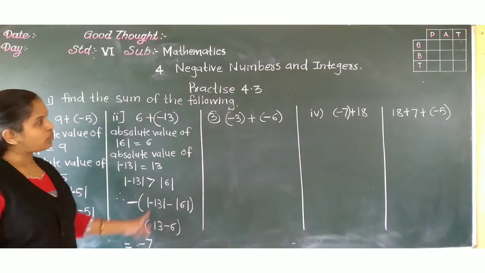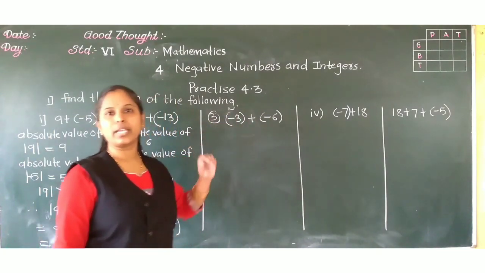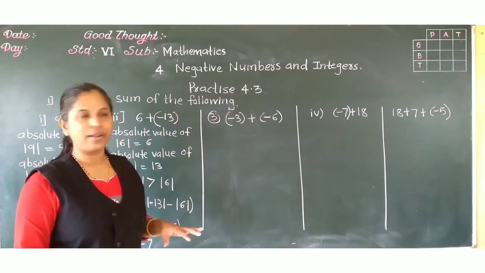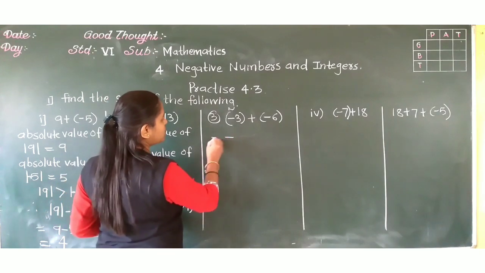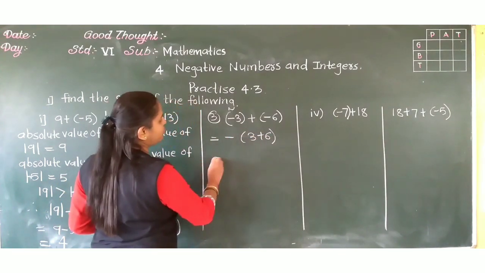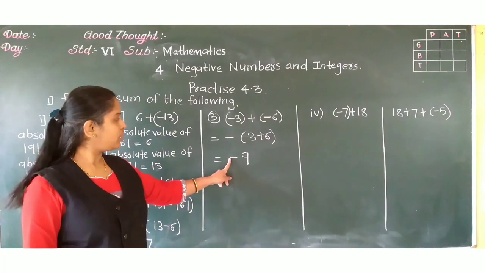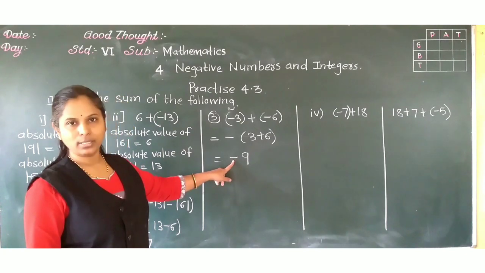Follow? Now next, here see. Both have the same signs, so they will get added. This minus sign we have to take common, and 3 plus 6 will be 9, and their common sign will be outside. So the answer will get that common sign.